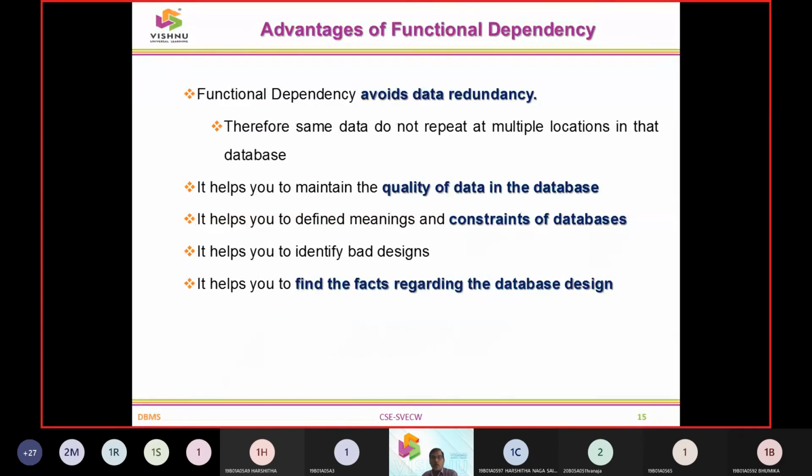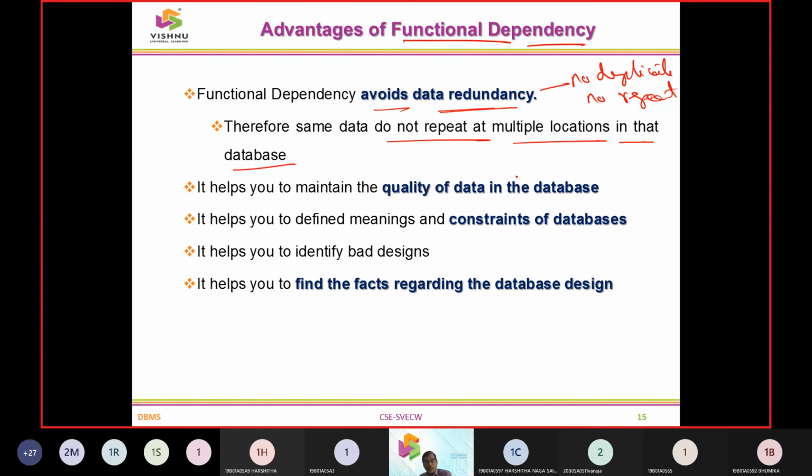Okay, now what are the advantages of functional dependency? Functional dependency avoids data redundancy. That means no duplicates, no repeated values at multiple locations in a database.